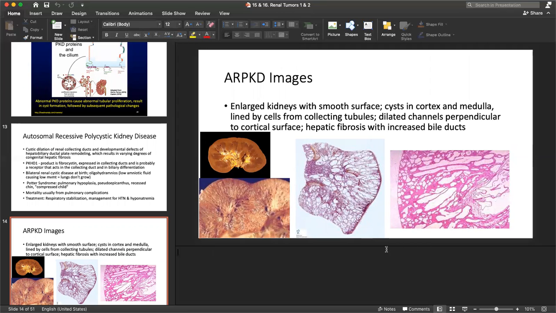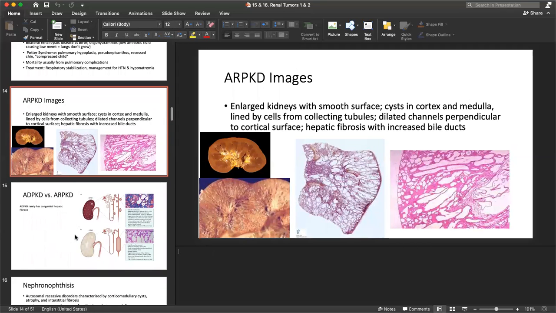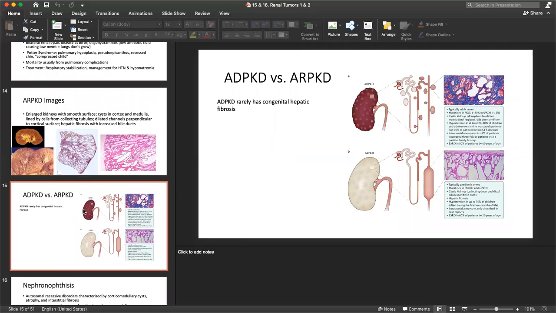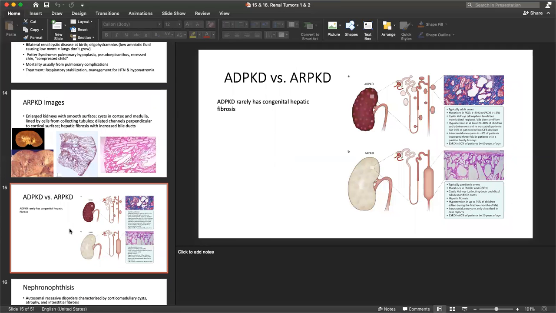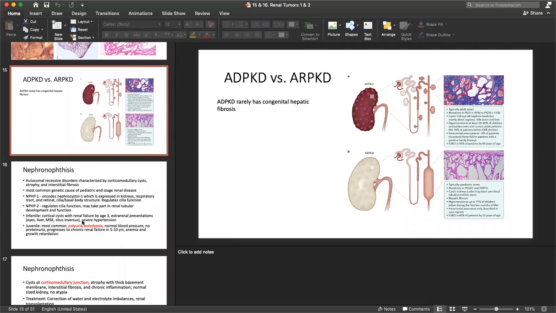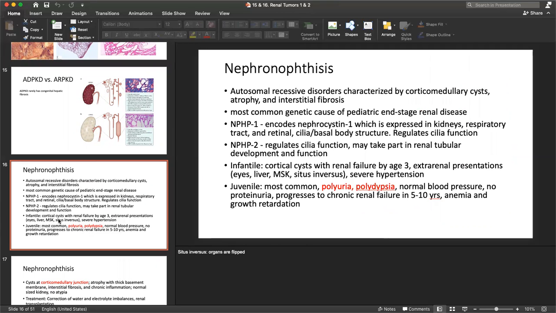I think it looks like a bunch of tubes in there. And it's fibrotic. And there's also going to be hepatic fibrosis. Okay, here's a comparison of the two that you can look at later.